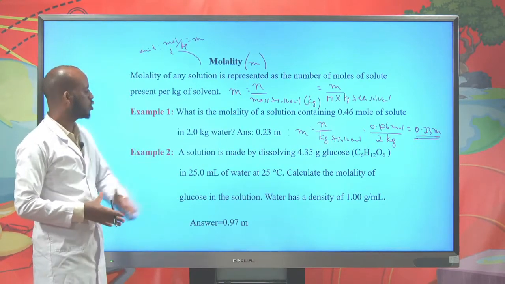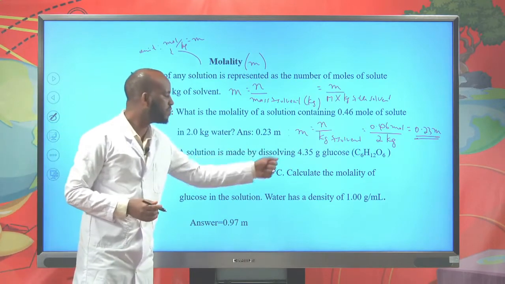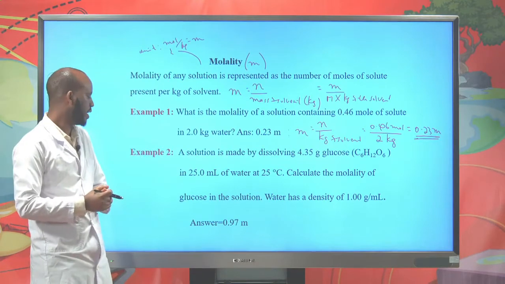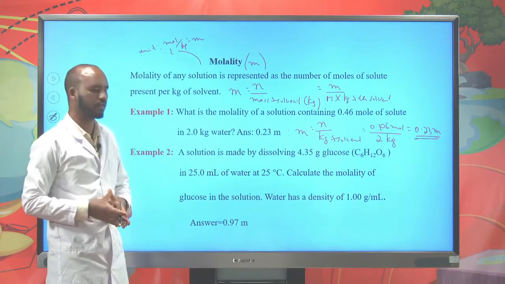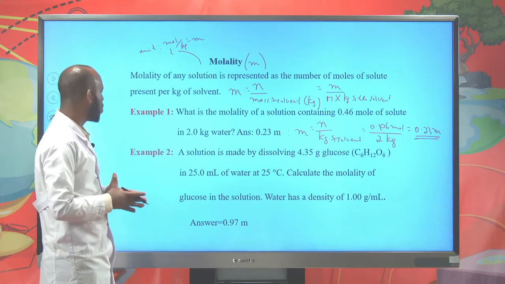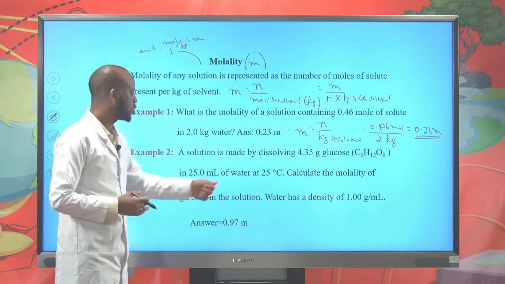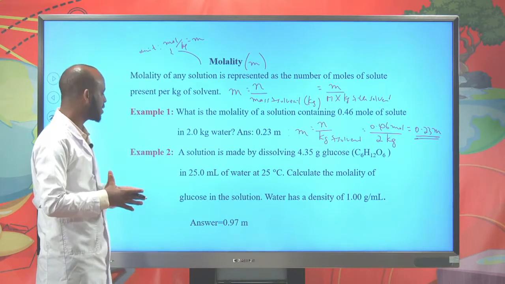Example 2. A solution is made by dissolving 4.35 gram of glucose in 25 milliliter of water at 25 degrees centigrade. Calculate the molality of glucose in the solution. Water has a density of 1 gram per milliliter.